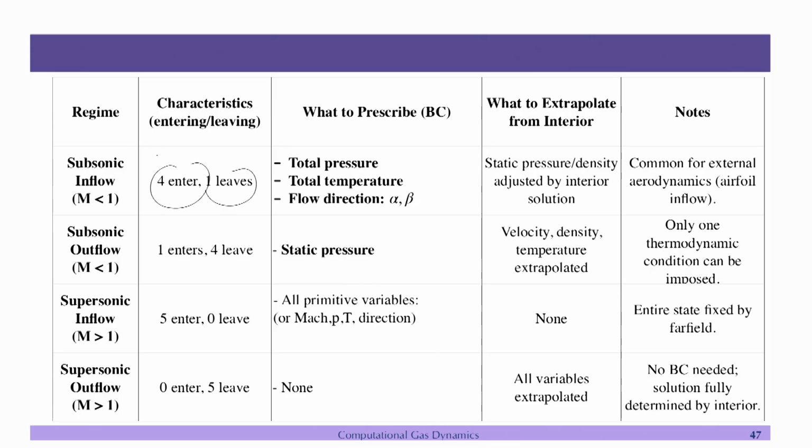Because you have subsonic inflow, so you have lambda minus a, lambda, lambda, lambda and lambda plus a. All 4 are right-traveling, positive, and one is left-traveling. So there will be 1 coming out from the interior and 4 getting in, correct. You have to have at least one piece of information coming from inside.